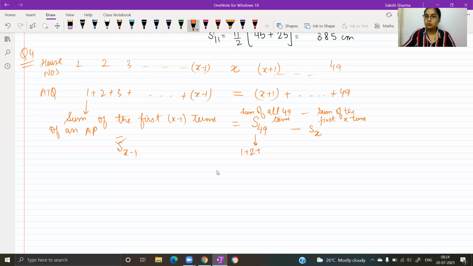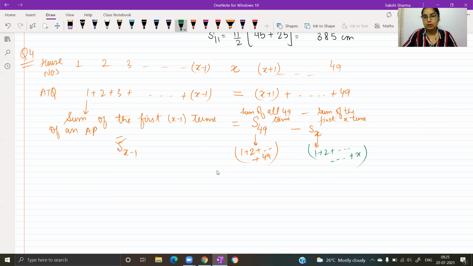This is 1 plus 2 plus up to 49, and this is 1 plus up to x, sorry. So the terms up to x will all cancel out, and you are left with the ones after that: x plus 1, x plus 2, so on up to 49.